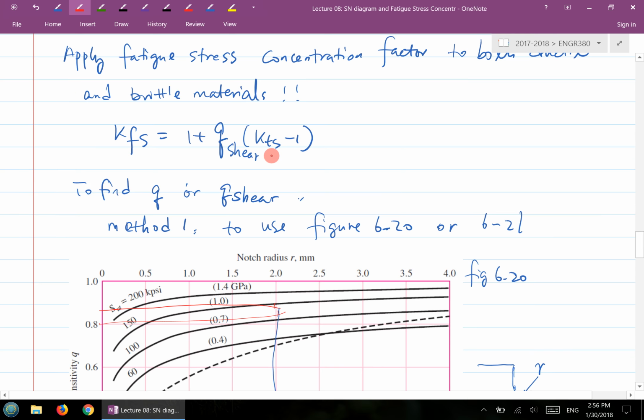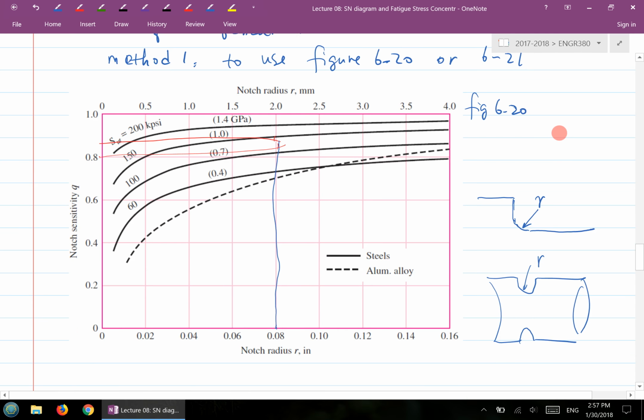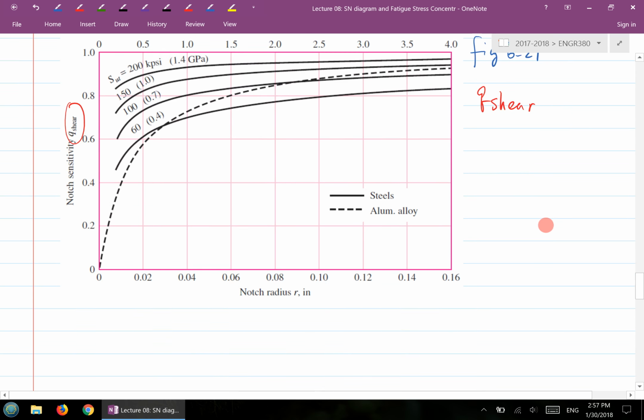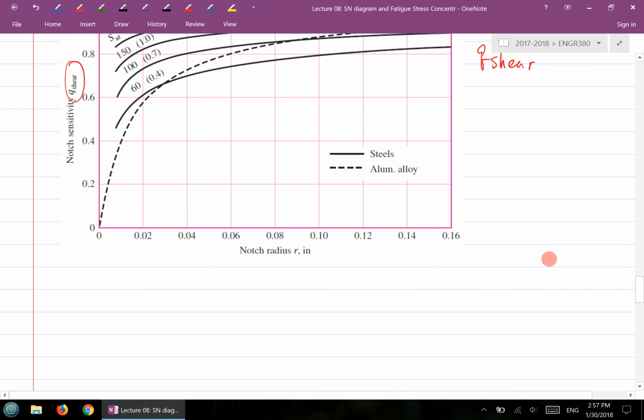So this one here is the Q shear, when you have a torsional type of loading. So this is your first method. You can use the figure to find the Q or Q shear.